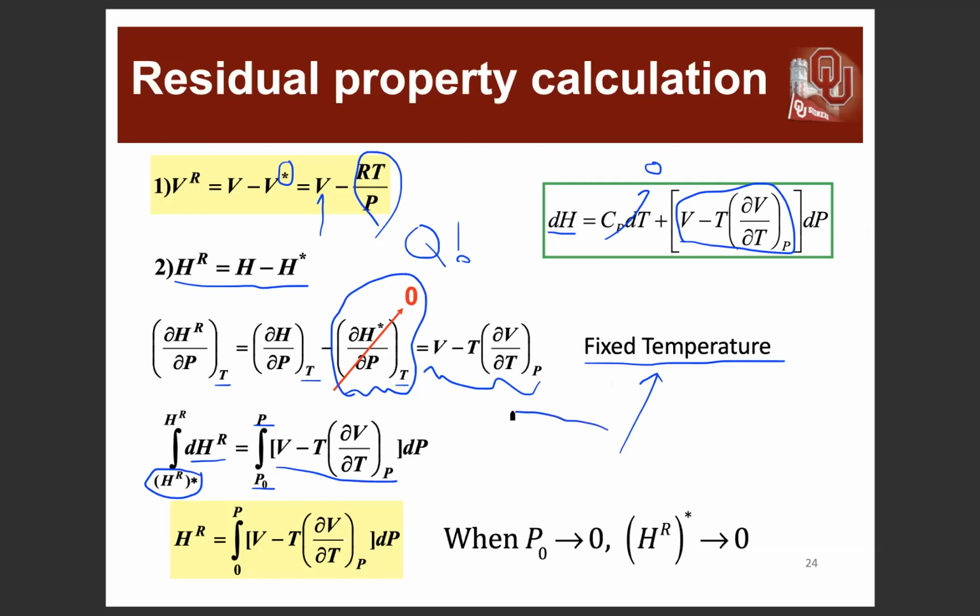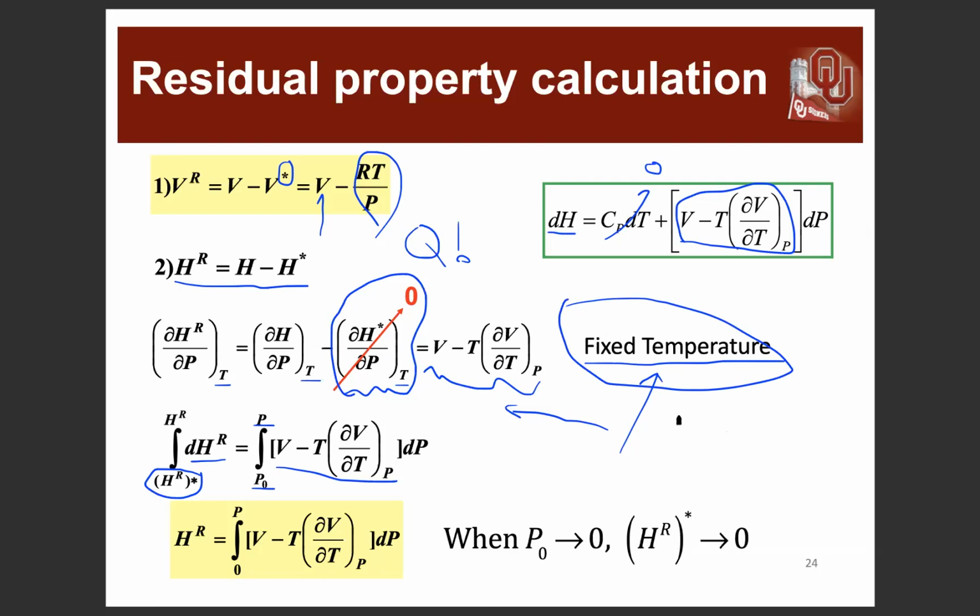Here, we figure out that the fixed temperature process is very convenient to get rid of a few terms in our equation. So this is why, in order to evaluate HR, I designed this fixed temperature process to calculate the residual property. That is the other note. Otherwise, you may wonder why all of a sudden, once you have the HR equation, you pick a fixed temperature. Is there any kind of assumption there? No, that's just our choice of method.